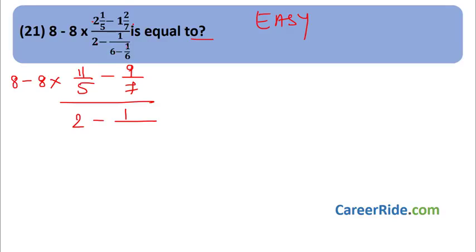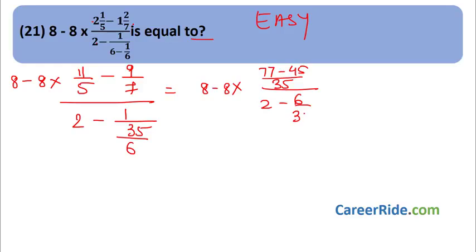Take the LCM and calculate this. If the LCM is 6, you will have 6 6s are 36 minus 1, 35. What you will get over here: 8 minus 8 multiplied by, LCM is 35, 11 7s are 77, 9 5s are 45, divided by 2 minus 6 upon 35.